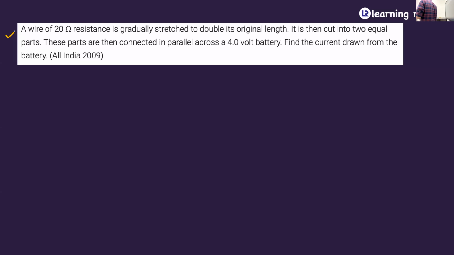double its original length. So when length increases, what will happen to the resistance? By what factor? See, if the initial length is L and the final length is L dash, or I will call it N times L. If the initial resistance is R, then what will be the value of R dash?